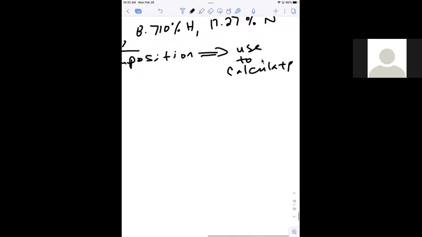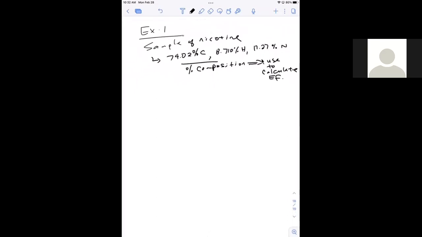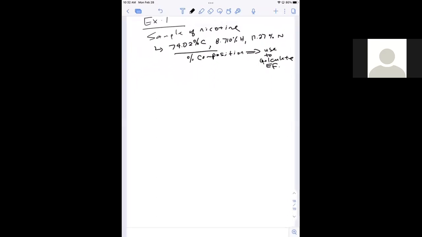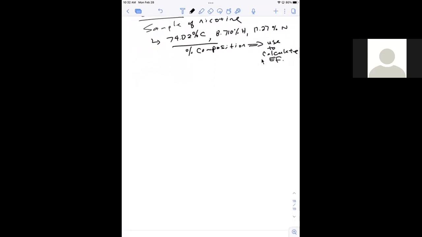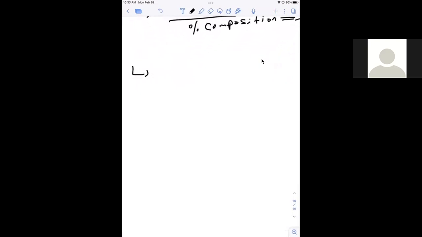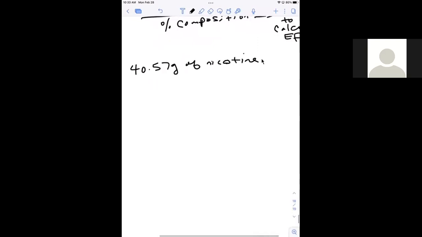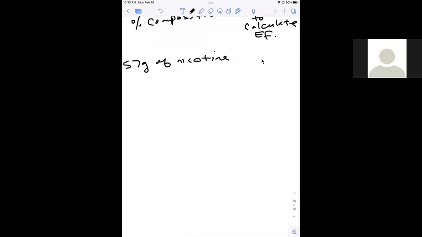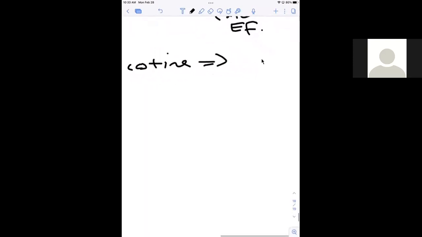We're going to use that to calculate the empirical formula at some point, right? The other piece of information that's given in this example is that there are 40.57 grams of the sample of nicotine, and that equates to 0.25 moles.